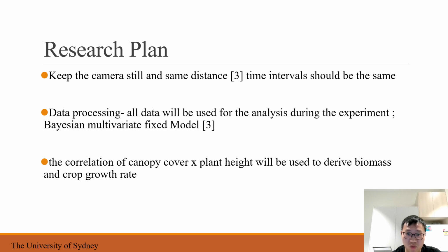A Bayesian multivariate fixed model will be used in the experiment, and the data should be evenly distributed on both sides of the regression line. The final research plan part is that the correlation of canopy cover and plant height will be used to derive biomass and crop growth rate.